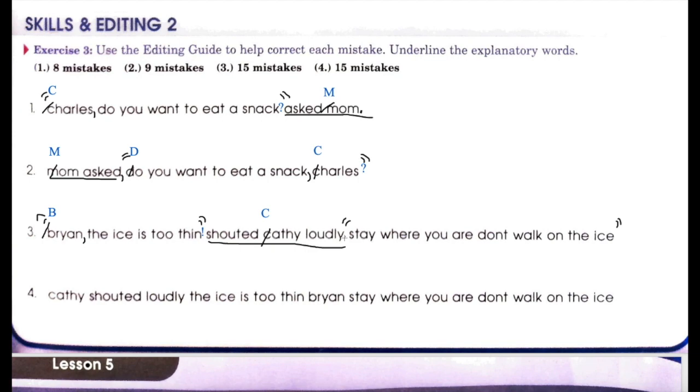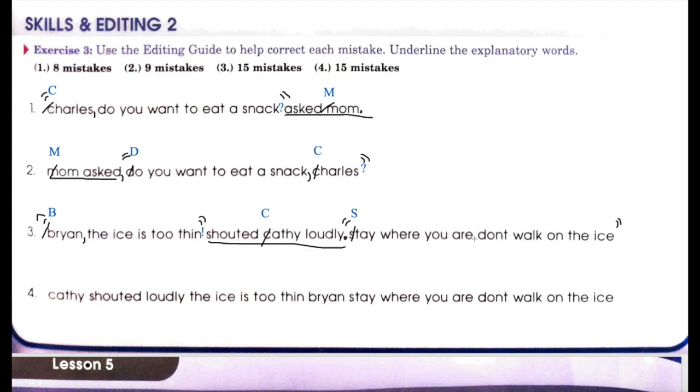And then we start the new sentence. We already put quotation marks around it. We need to capitalize the first word. Stay where you are. Stay where you are is actually its own separate sentence.